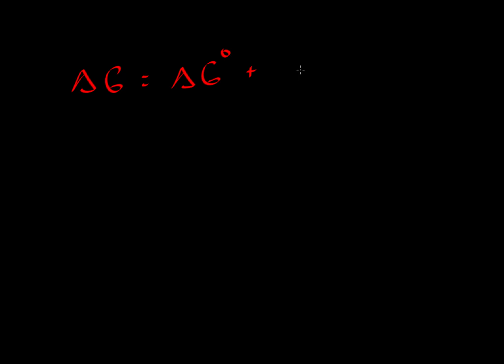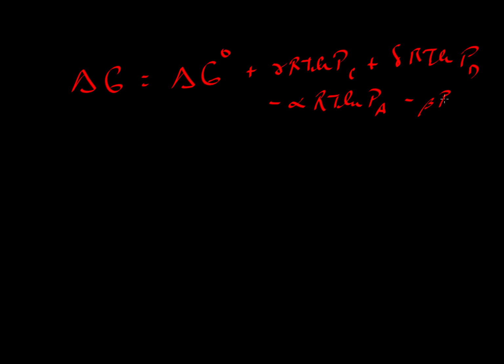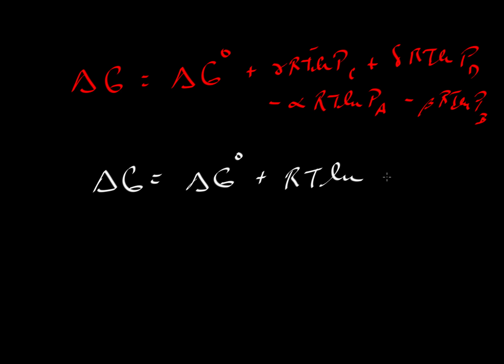Well, it was plus gamma RT ln the partial pressure of C, plus delta RT ln the pressure of D, minus alpha RT ln the partial pressure of A, minus beta RT ln the pressure of B. We could factor out the RT part and use the rule of logs, where we would get an expression, not quite our final expression, where delta G equals the delta G of the pure stuff plus RT times the natural log of the partial pressure of C times the partial pressure of D divided by the partial pressures of A and B.